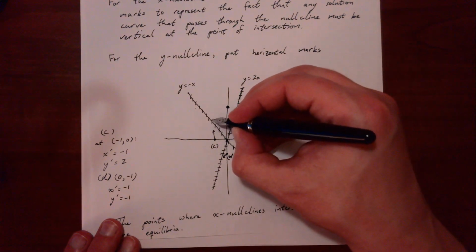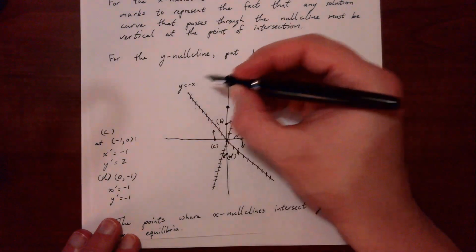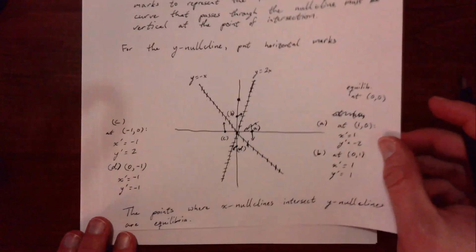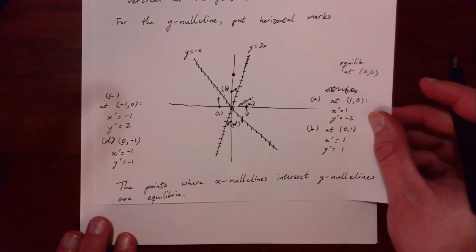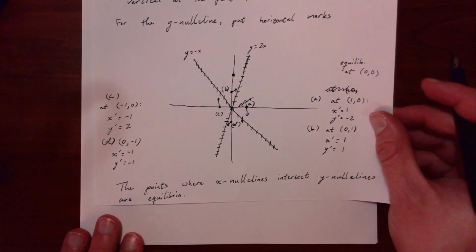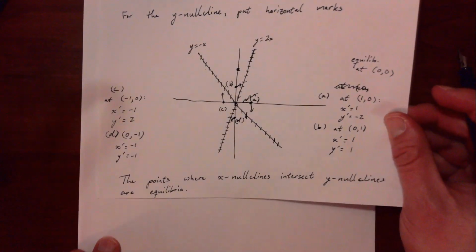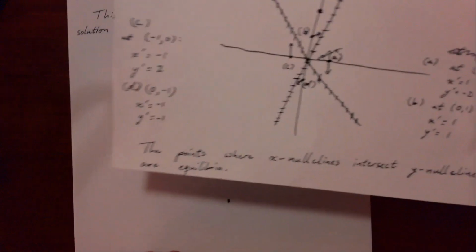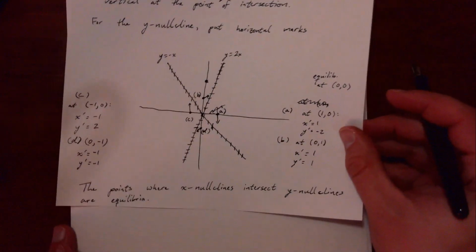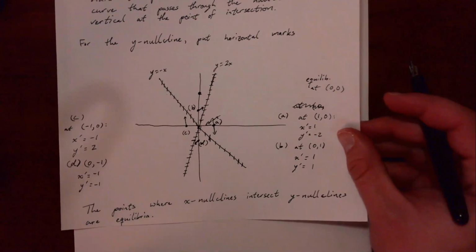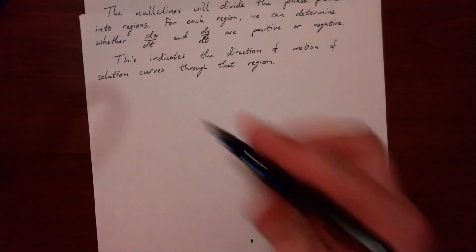So then what that means is, based on this analysis, we can figure out at the actual nullclines whether to indicate upward, downward, leftward, or rightward direction based on our representative points.